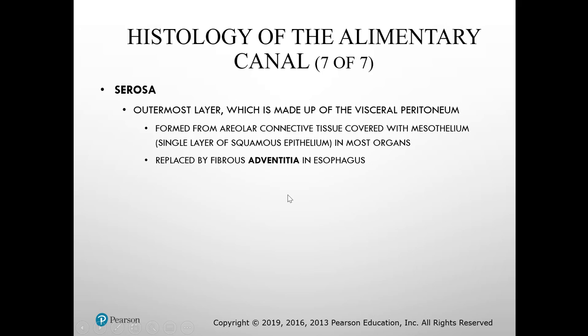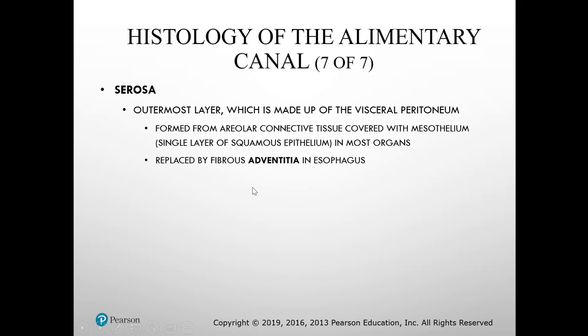And this is very typical of gut organs such as the esophagus. You will not find the esophagus in the abdominal cavity. The esophagus is within the mediastinum, and it is surrounded by connective tissues, and therefore the esophagus is not covered by a serous membrane.